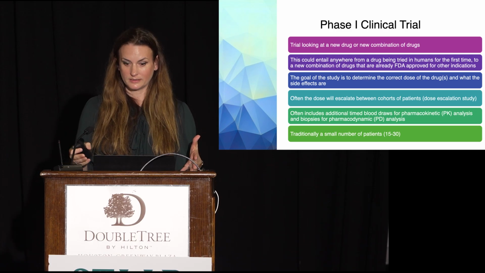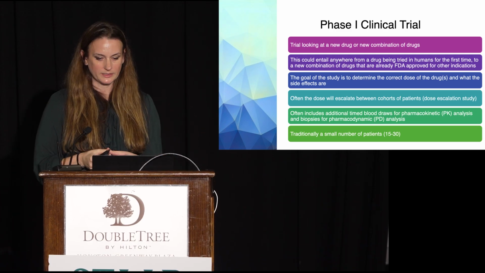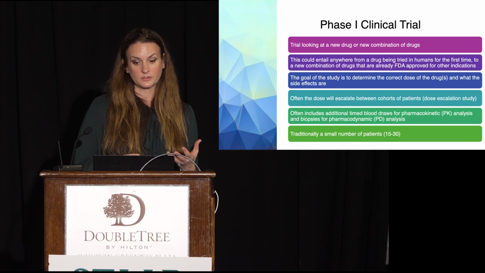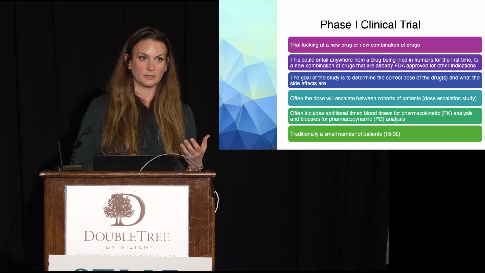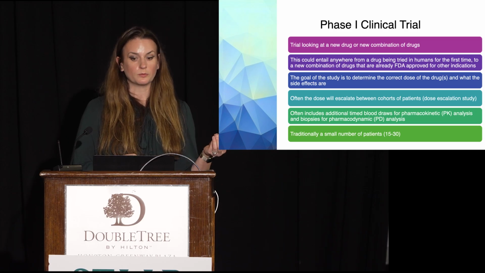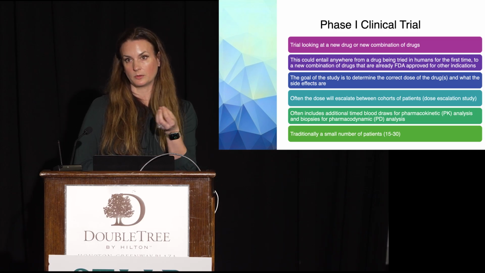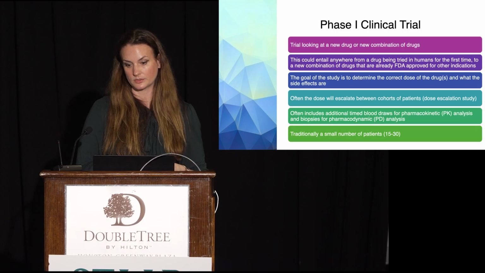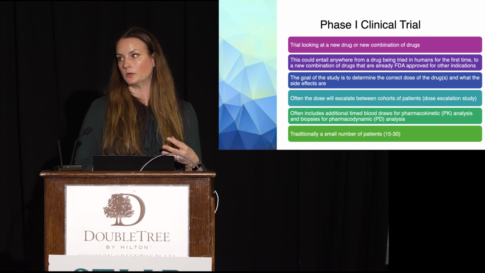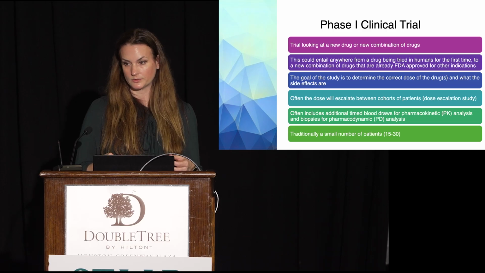Those can be long days. So it's important to know if a study has PK analysis. These studies will also sometimes have pharmacodynamic analysis or PD studies, and these oftentimes involve doing tumor biopsies and then looking at the actual activity of the drug on the cancer cells. These studies are usually small studies that enroll about 15 to 30 patients.